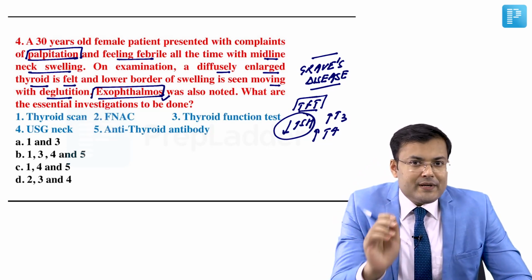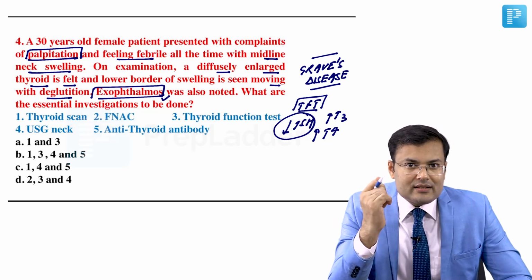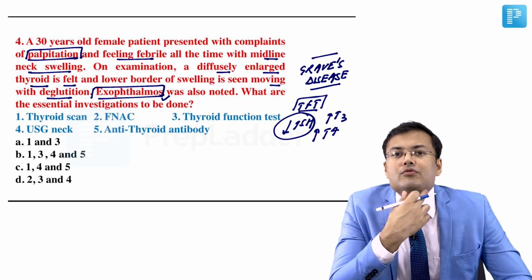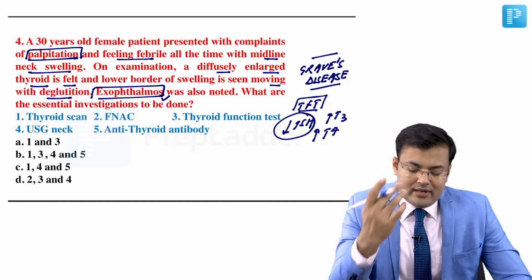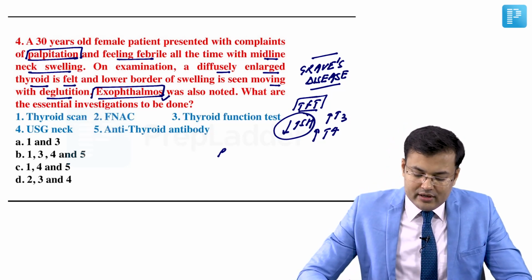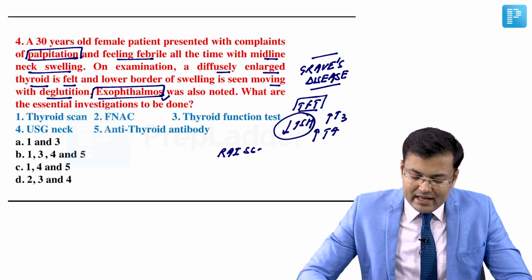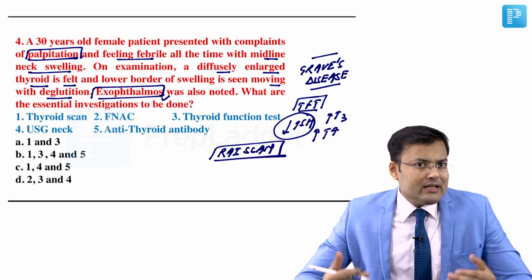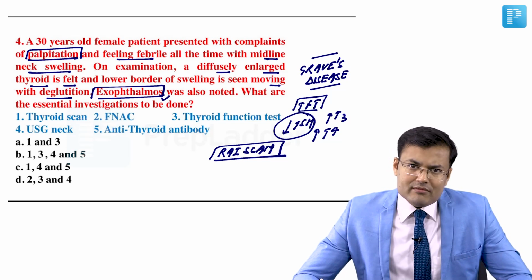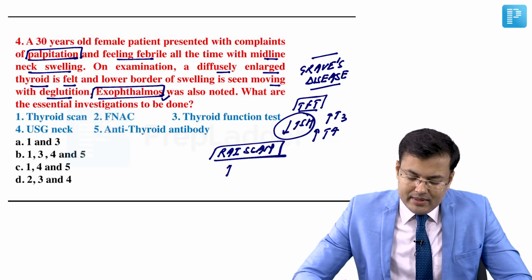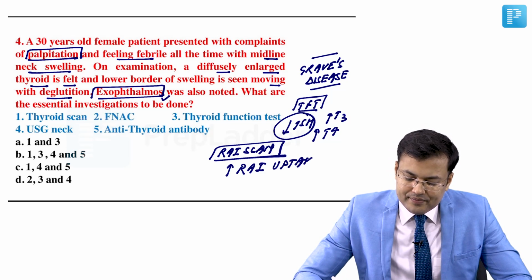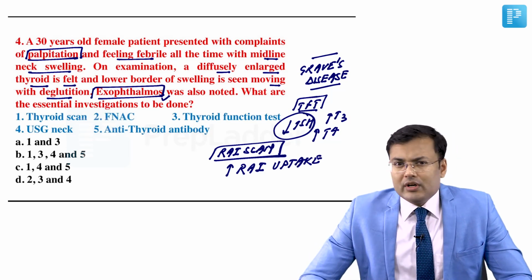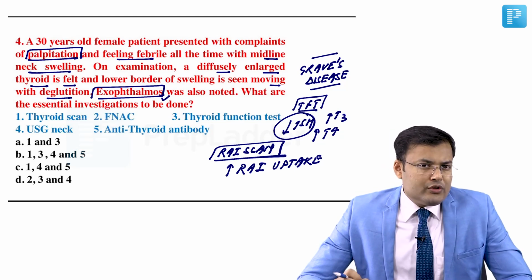Second, if patient is not having eye signs, patient is having diffuse thyroid enlargement, in those cases we go for radioactive iodine scan. And you know, in Graves' disease, the thyroid gland is hyperactive and hypervascular. So what will happen? There will be increased radioactive iodine uptake. Right? You know, Graves' disease is an autoimmune disorder.